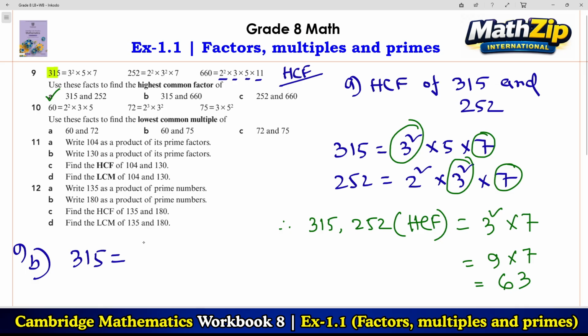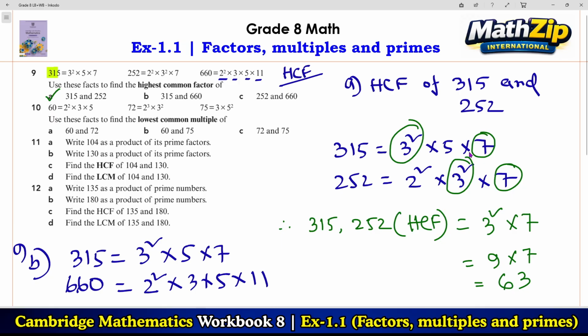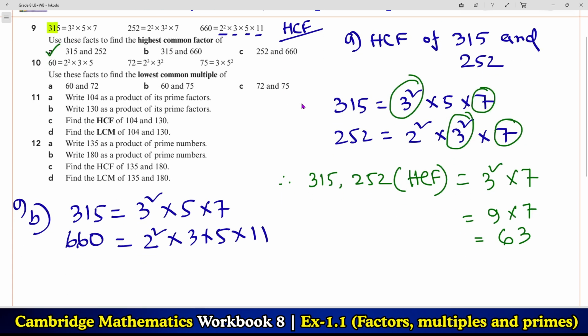Part B of 9. 315 is already given, which is 3 square times 5 times 7, and 660 is 2 square times 3 times 5 times 11. Now look, what is common? Here is a 3 square and here is a 3, so we take the common 3.